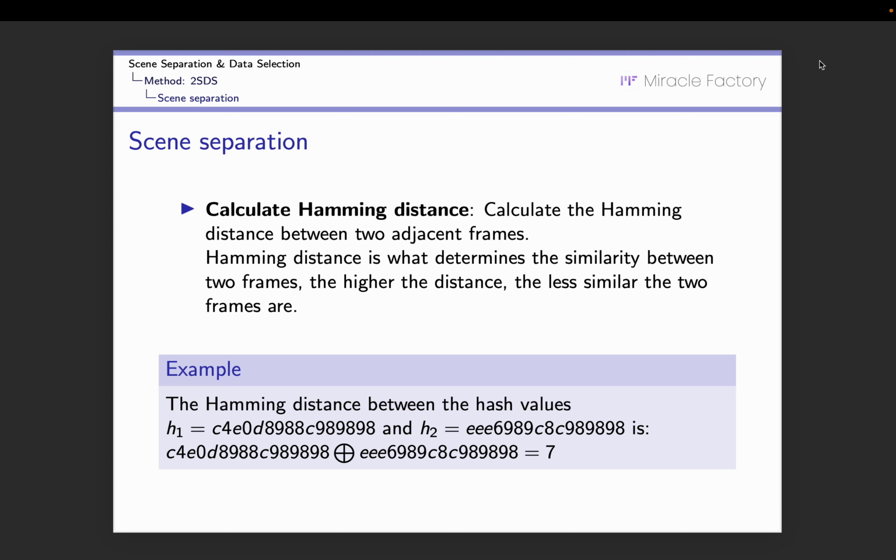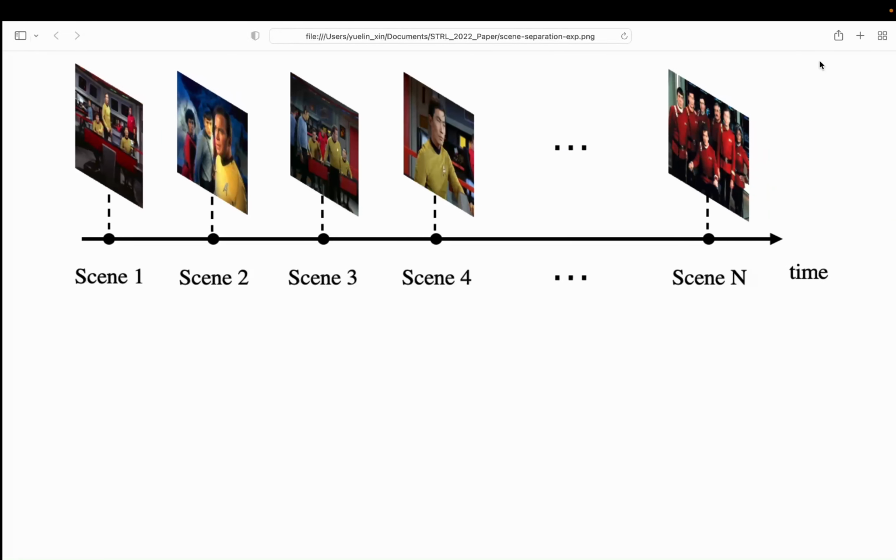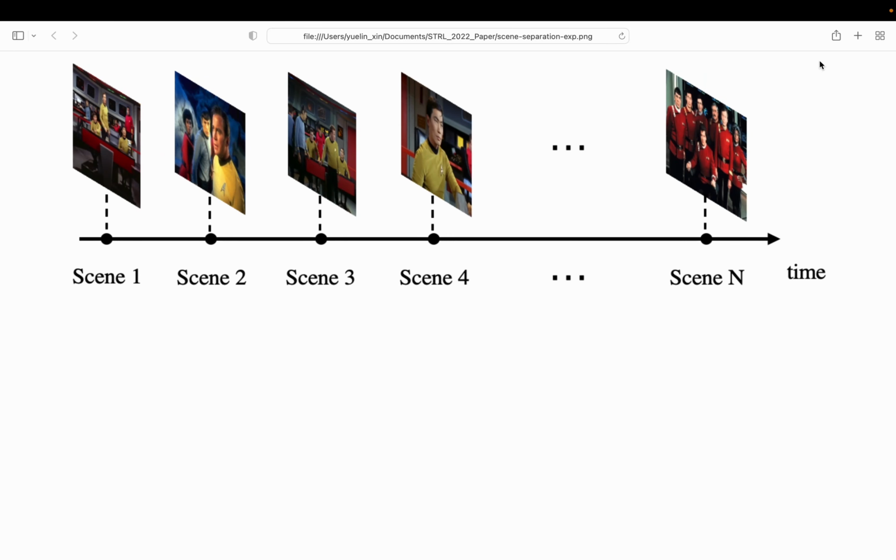And to give you a general idea about the effect of the whole separation, let me give you an example. If you look at the diagram here, it is actually very straightforward, right? We divide an entire video on the time span, and we separate it into scene 1, scene 2, scene 3, all the way to scene n.